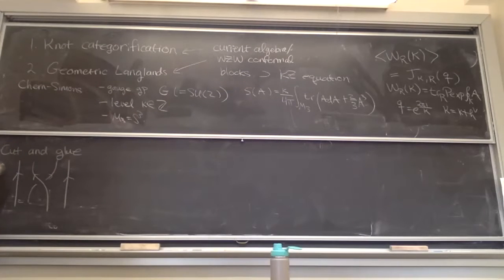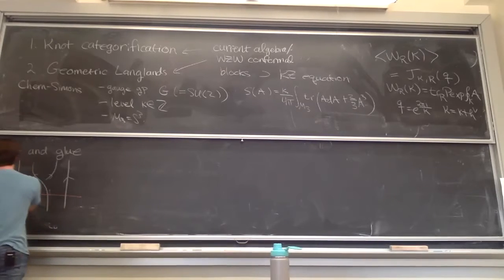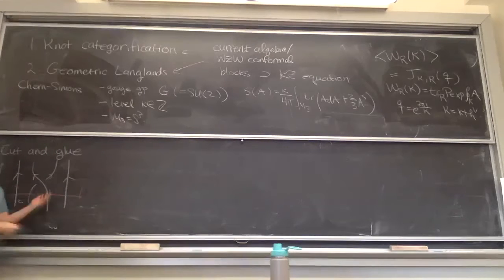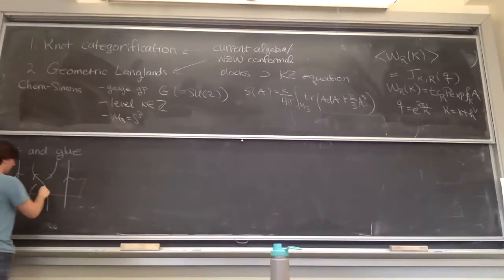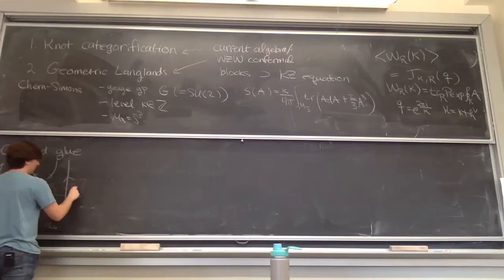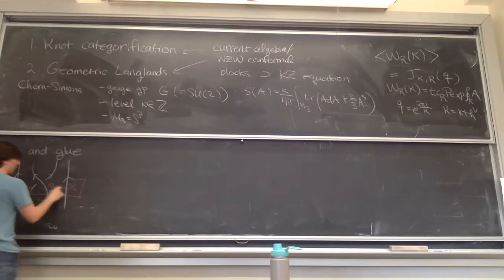You pick a time direction and you cut open along a spatial slice. In principle, this could really be part of a link, so these could all come from different connected components, and you get punctures on your spatial slice labeled by representations of the gauge group.